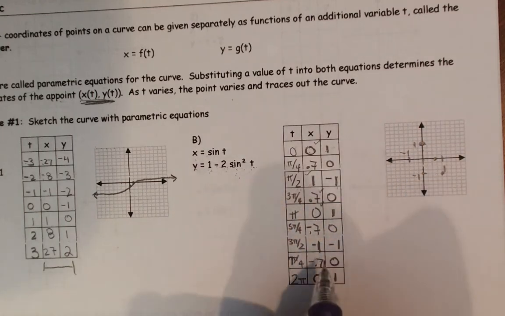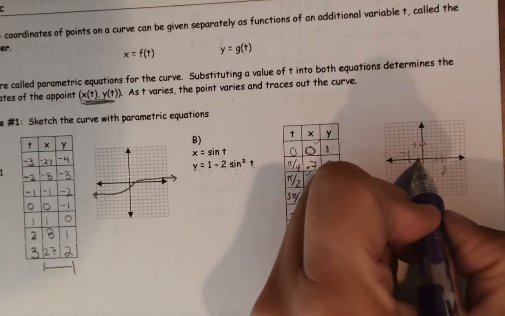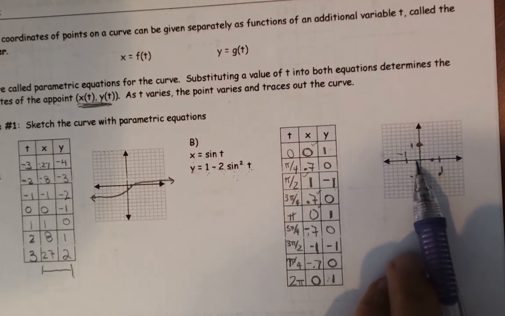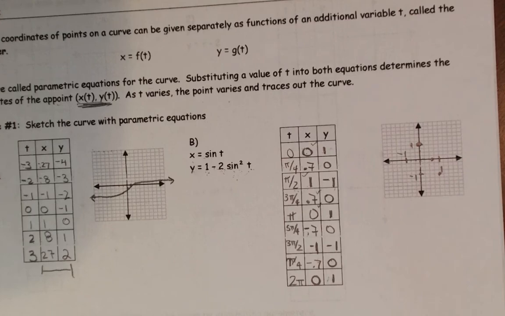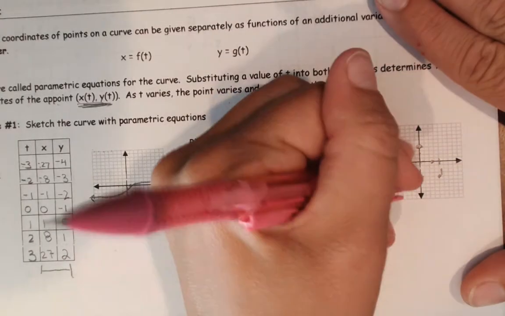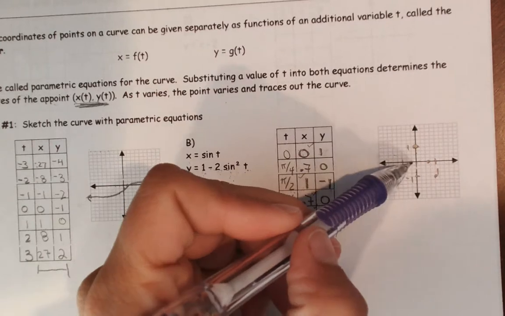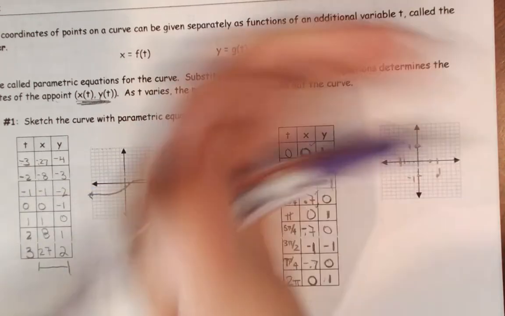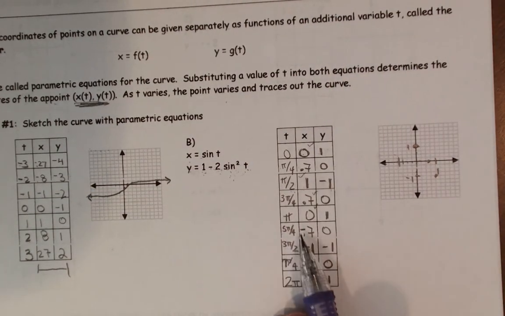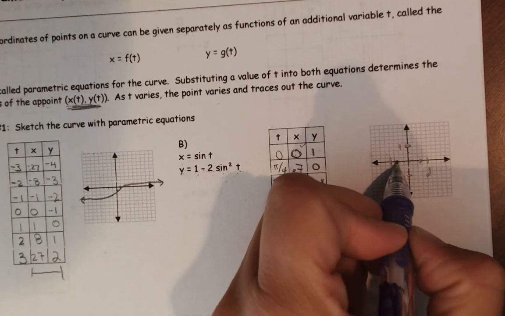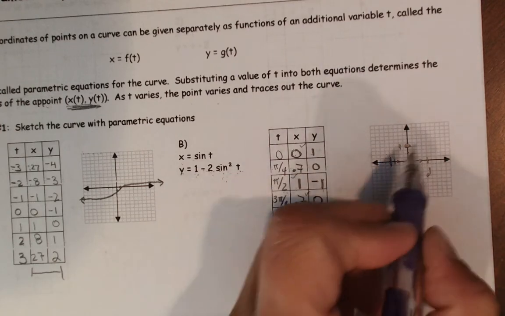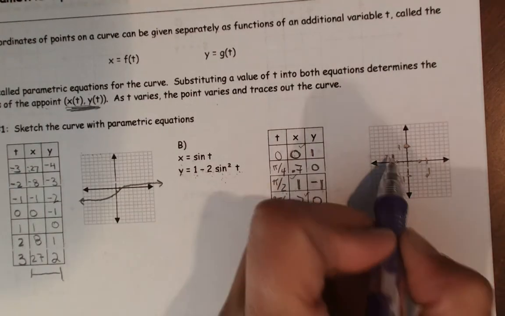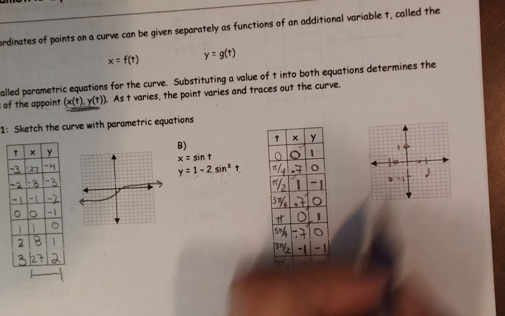When x is negative 0.7, y is 0. Oh, I need to move that over. Instead of quarter, so 1, 2, 3, 4. Okay, so when x is negative 0.7, we're there. Negative 1, negative 1, negative 0.7, 0, 0, 1.